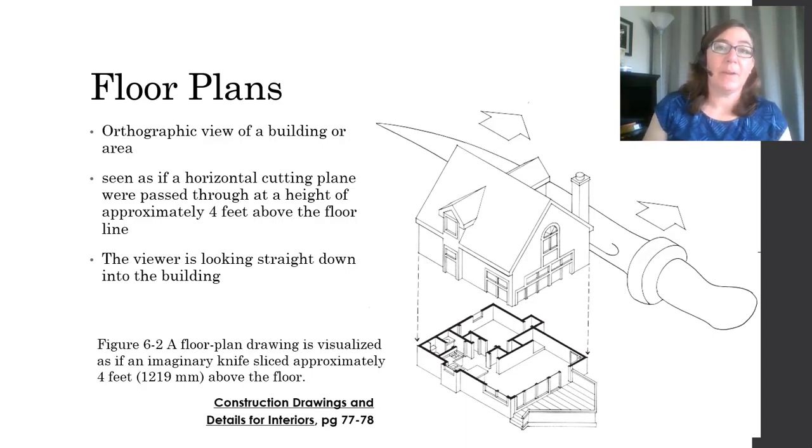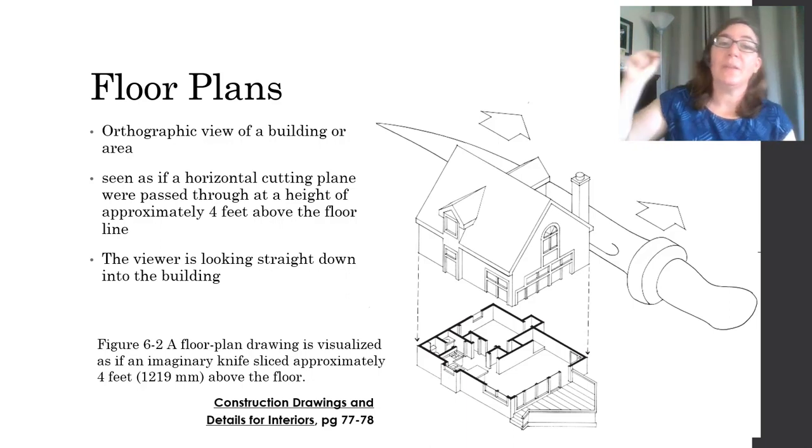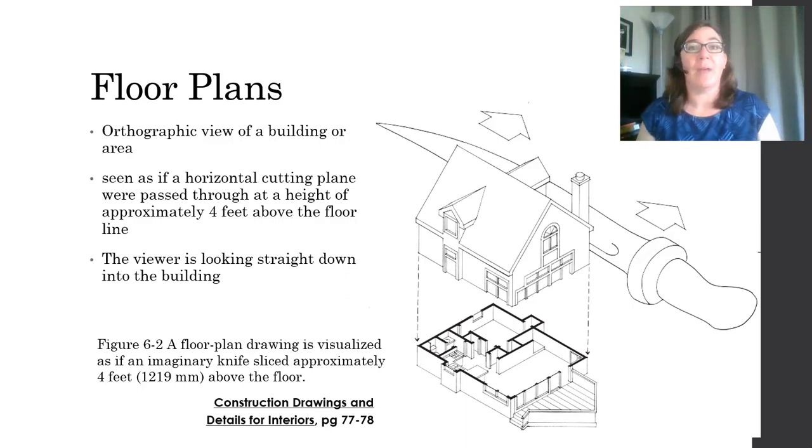And that's pretty standard so that you cut through all of the doors and windows, but miss things like countertops. All right. And just to hit this one more time, the viewer is looking straight down. It is orthographic 90 degrees into the building.